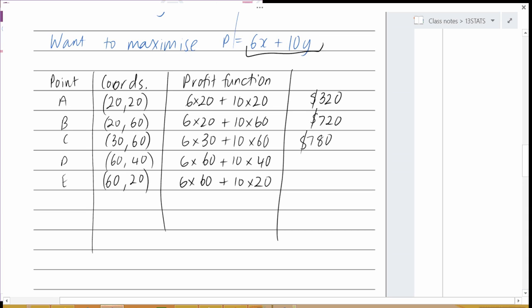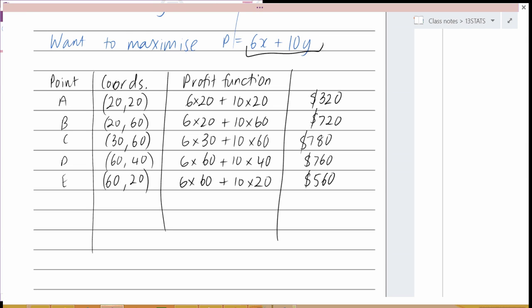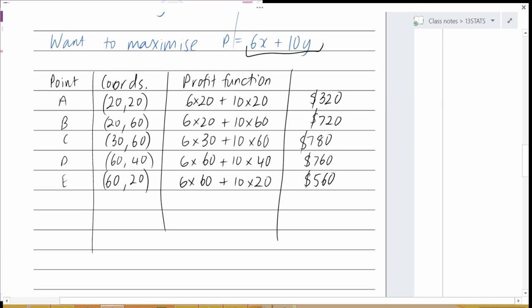Then 60, 40 is 760. And 60, 20 gives us 560. Okay, so we look at all of these and we decide which one gives us the maximum profit, and the biggest number here is 780, and so that's our max profit there.